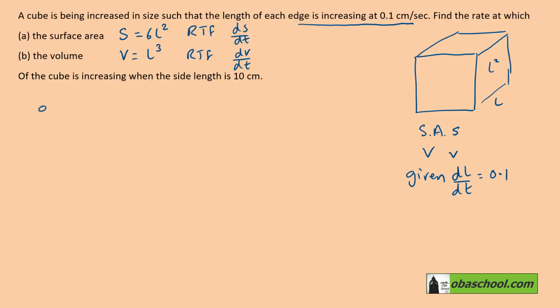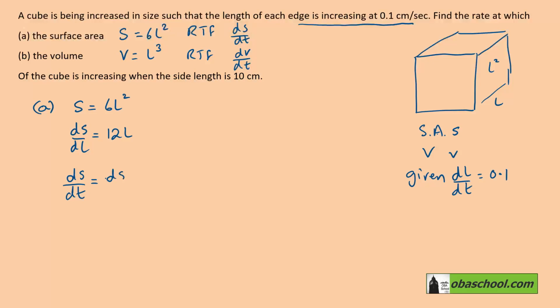So let's look at the surface area. S is equal to 6L squared, so dS/dL is 12L. We want to find dS/dt, and we can form a chain for this.